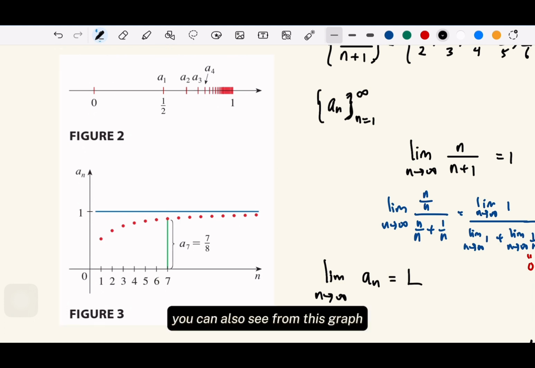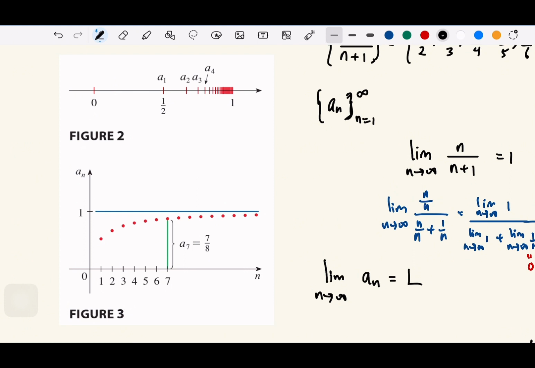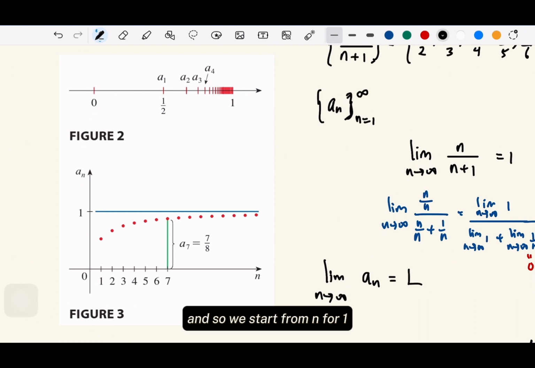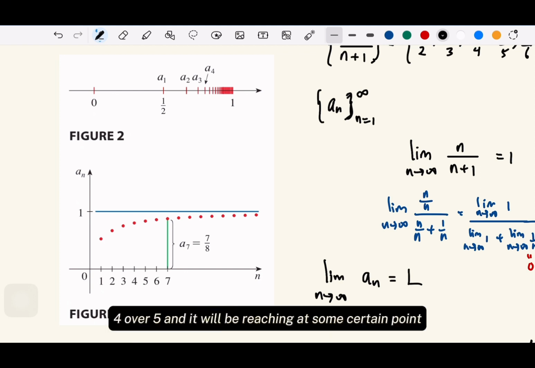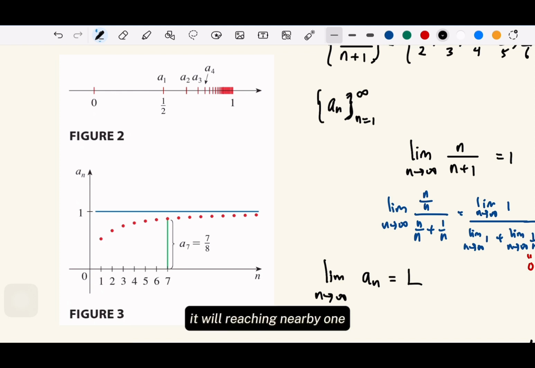We could see from this graph that the x-axis is n, and the y-axis is the sequence a_n. So we start from n equal 1, 2, 3, and you see that it's a half, and then 2 over 3, 3 over 4, 4 over 5, and it will be reaching, at some certain point, nearby 1. And then by limit, we could know that it's actually equal to 1, okay? But using limit, okay?